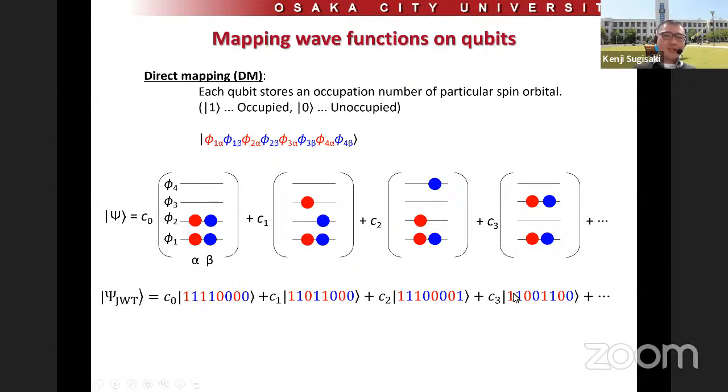So basically, if we have n qubits, where n is the number of spin orbitals, we can represent any wave function of the system. Of course, we have to optimize the coefficients, but basically we can represent any wave function.